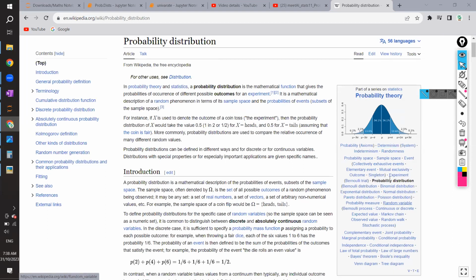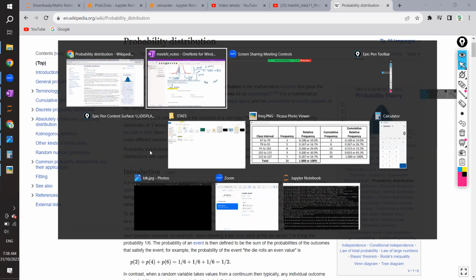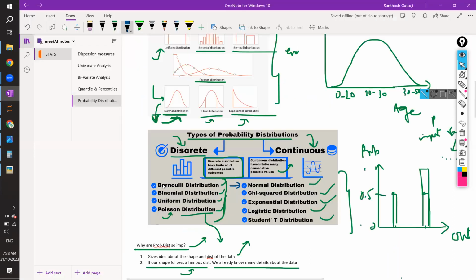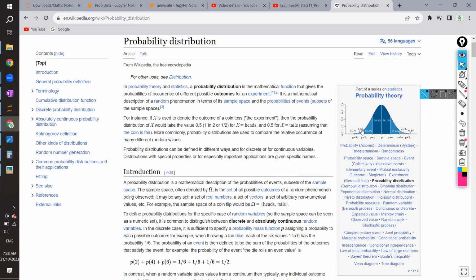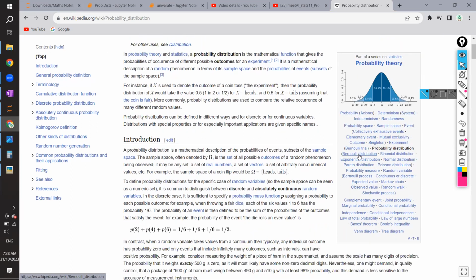For example, here you have the Bernoulli distribution. We will see it in later classes, but the Bernoulli distribution is a discrete distribution. If it is discrete, is it PMF or PDF? PMF.